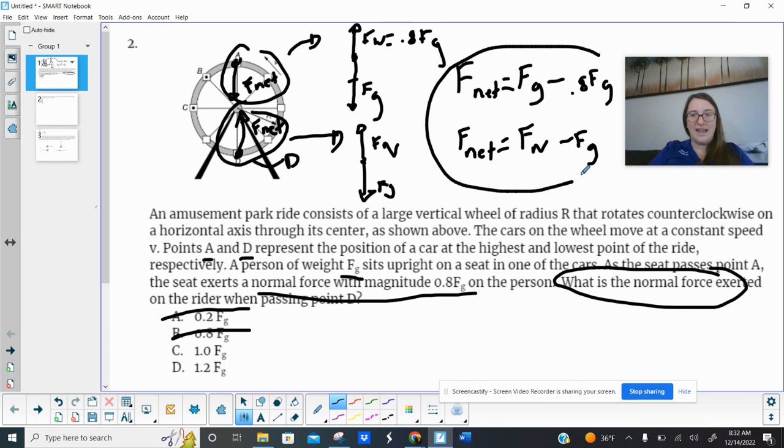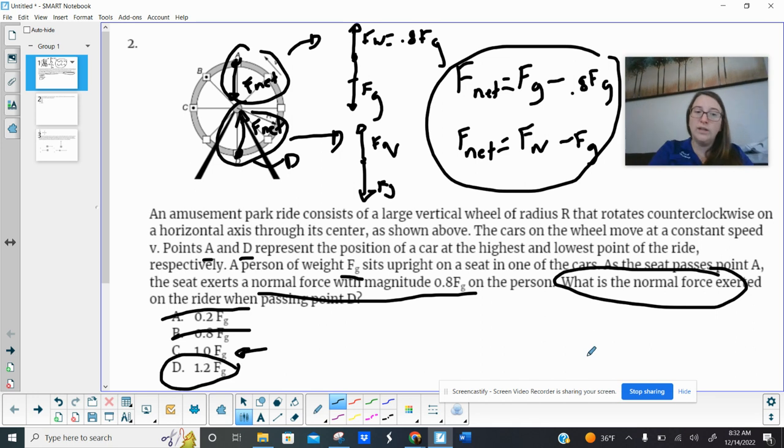There's a way we can finagle this to get to 1.2 Fg. But if you notice your answers, again, sometimes, guys, it's multiple choice tests. 1 Fg cannot be correct either, because that means it's the same as gravity, and it's not. It has to be bigger if I have a net force pointing up. So 1.2 is your answer because that's the only one that's actually bigger than Fg. Again, at the top it was less than Fg, at the bottom it has to be bigger.